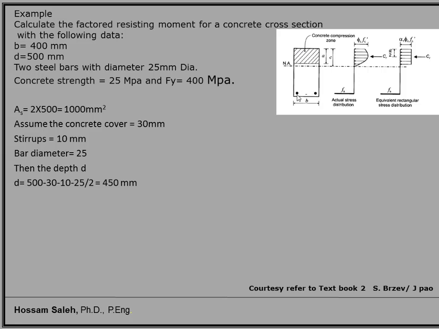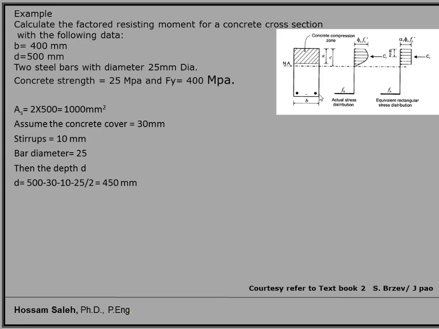Now the cover between the outside of the concrete and the stirrups will be assumed to be 30 millimeter, as an internal beam is not exposed to the outside, and then assume that the stirrup diameter is 10 millimeter and the distance from the inside of the stirrups to the center of the bar will be 25/2.